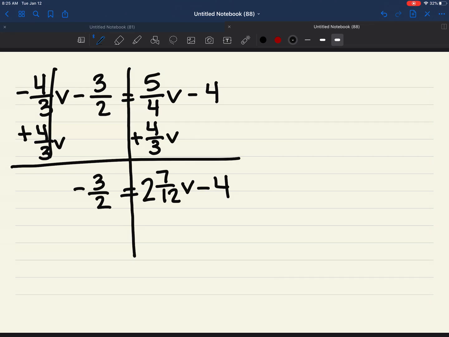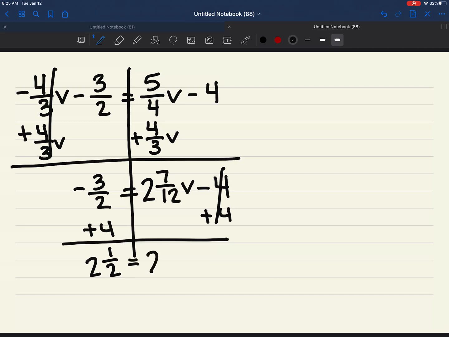All right, what would be my next step? +4. Good, Cash, +4. Cash, do that in your calculator. -3/2 plus 4. 2 1/2. Is that what everybody else got? You should be checking this. Okay, so we get 2 1/2 is equal to 2 7/12 v.